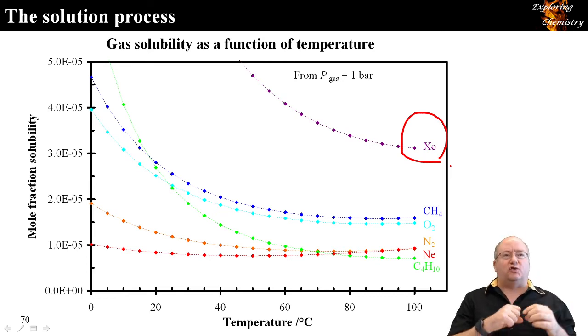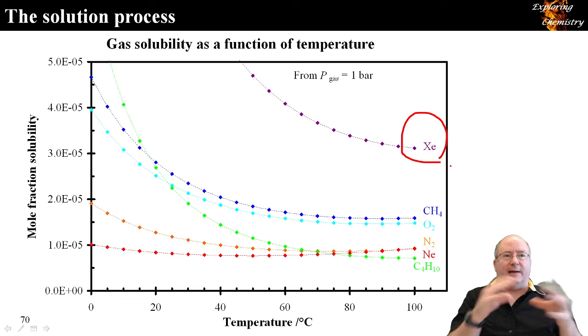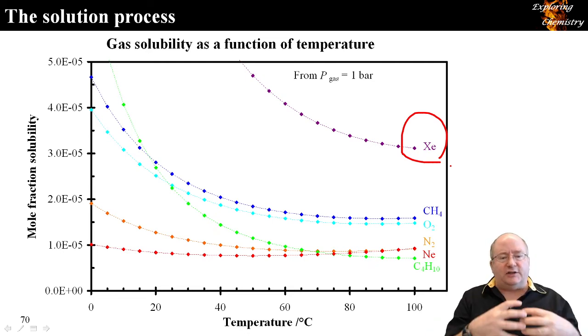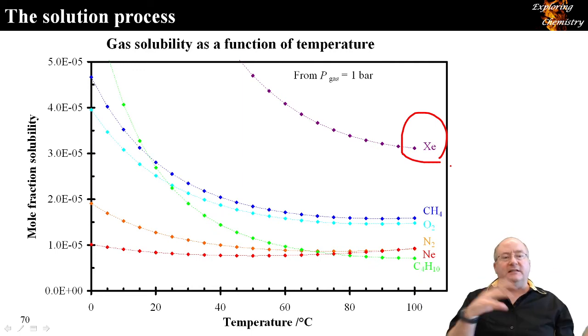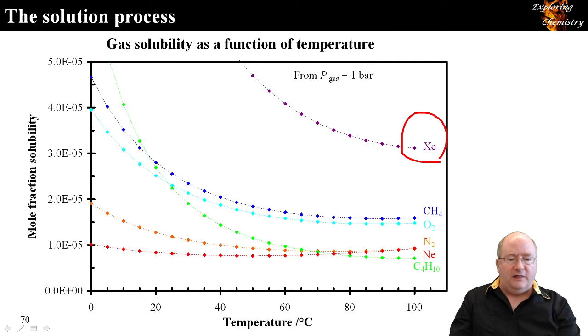You are going to get stronger induced dipole-dipole interactions, which is what would need to form for gas to dissolve, when you have a greater polarizability. And xenon is more polarizable than things like methane, oxygen, nitrogen, etc. That's why it has a higher solubility. The bonds are stronger.